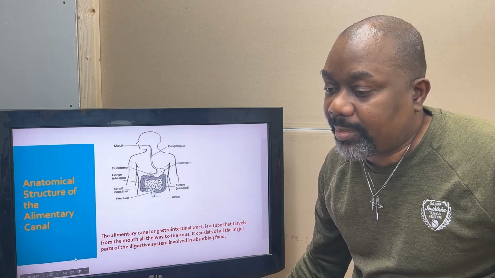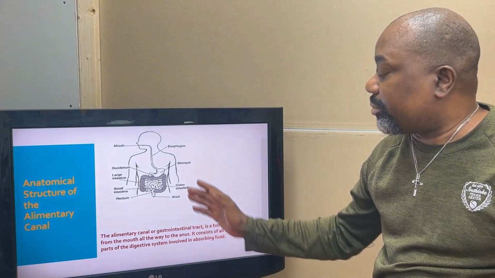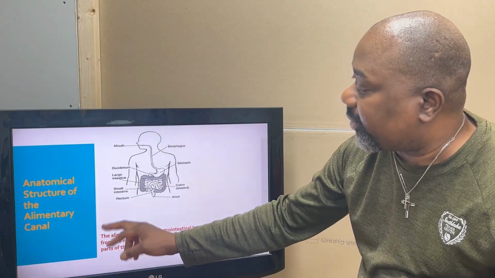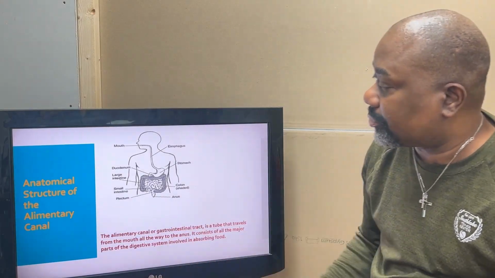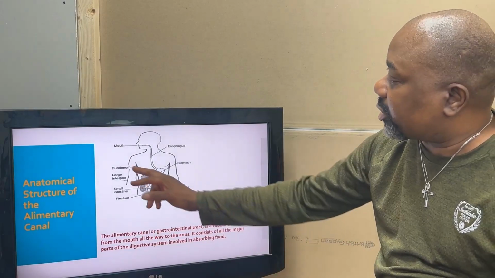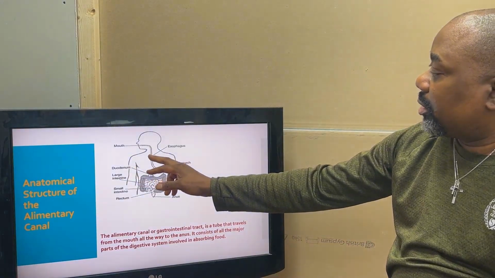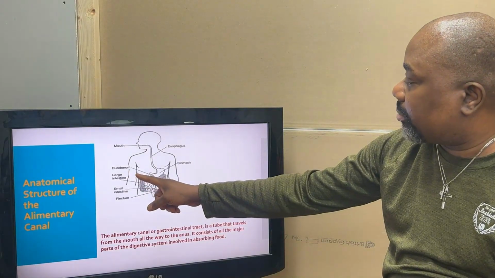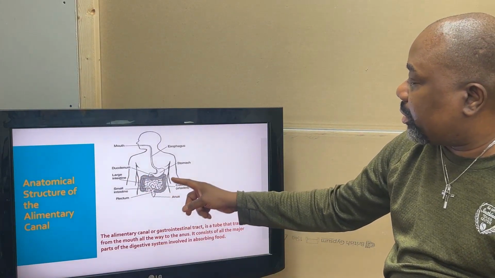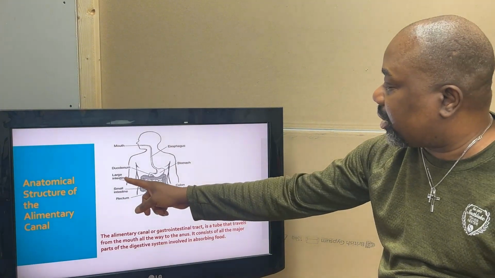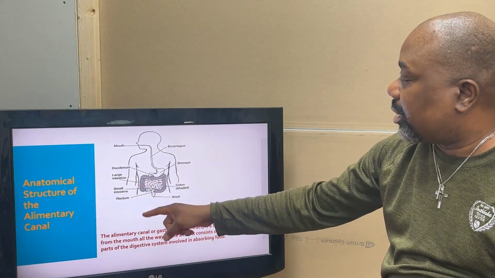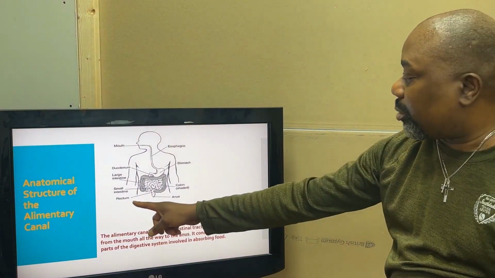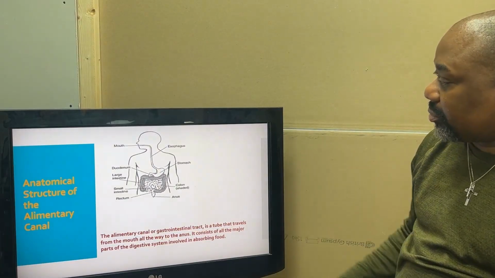In this paragraph, as you can see on my screen, I am going to talk about the anatomical structure of the alimentary canal. The structure starts from the mouth to the esophagus, duodenum, the stomach, then you have the large intestine, the small intestine, the colon shaded area, the rectum, and lastly the anus.